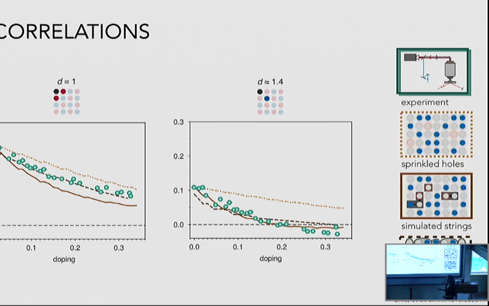And one contribution might be the fact that the strings are there, or might be there, results in some back action of the spins themselves. So there might be some additional effects happening where, say, a hole passes through, causes a wake of destruction, let's say, but then the spin background responds to that.